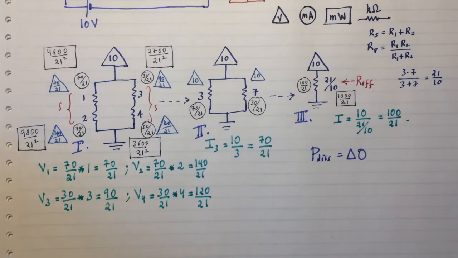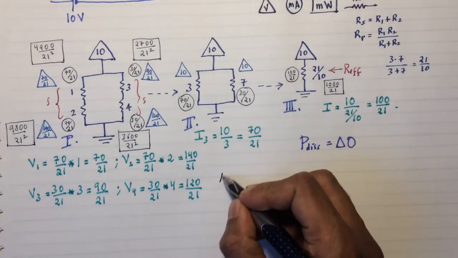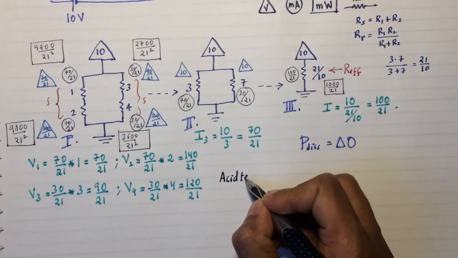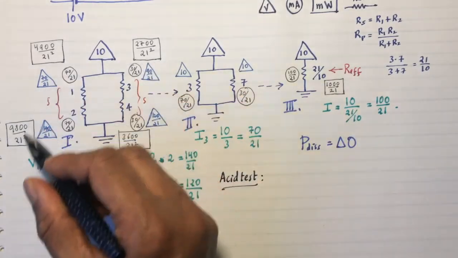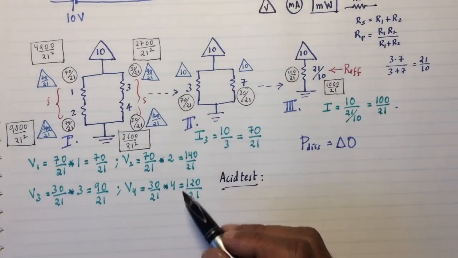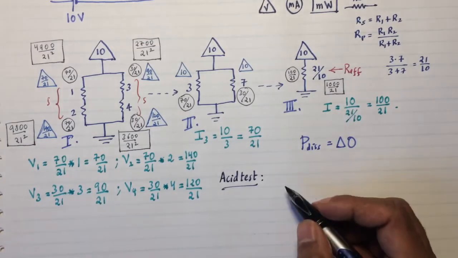Now, the acid test is the hope that when I add these fractions, which look very weird to me, I will get 1000 over 21.